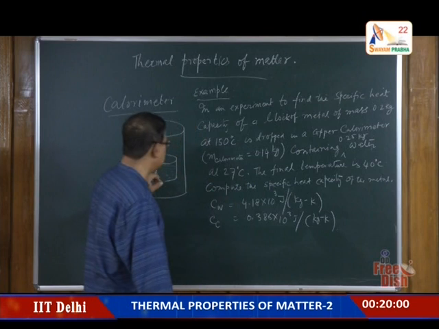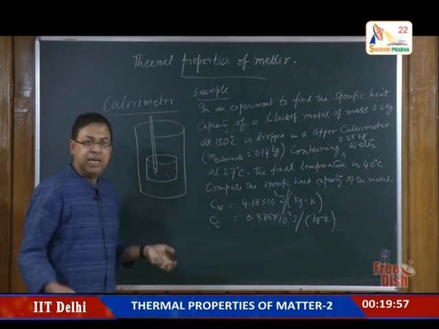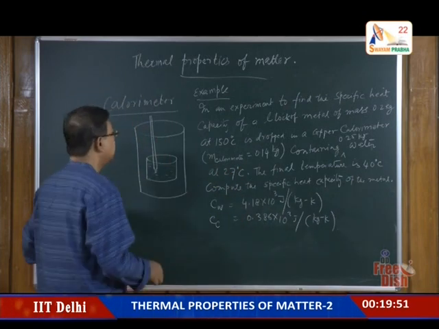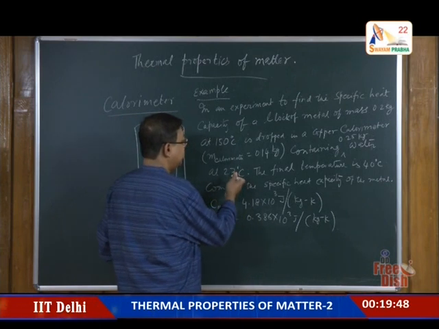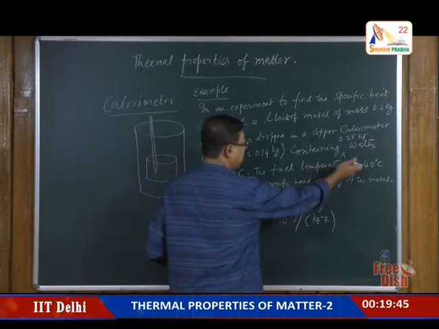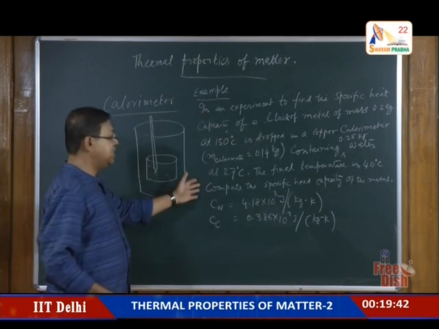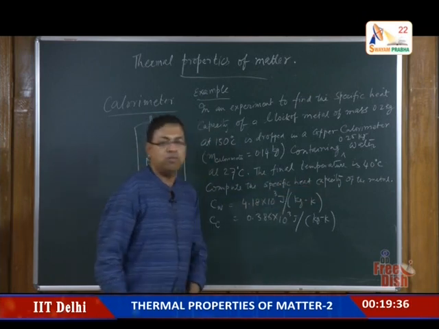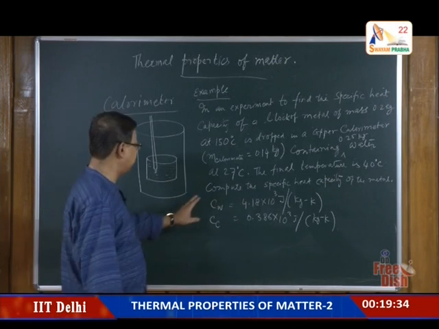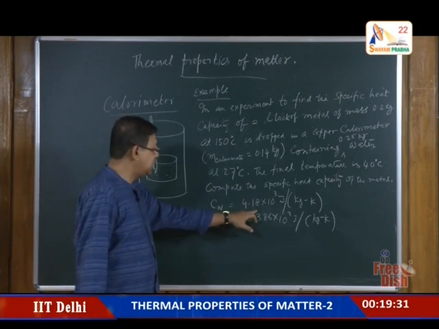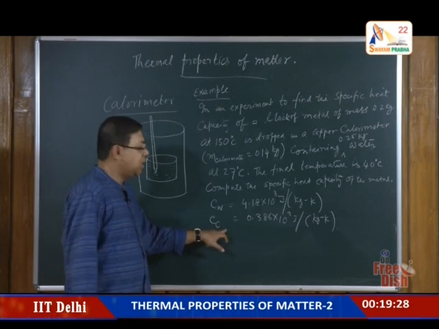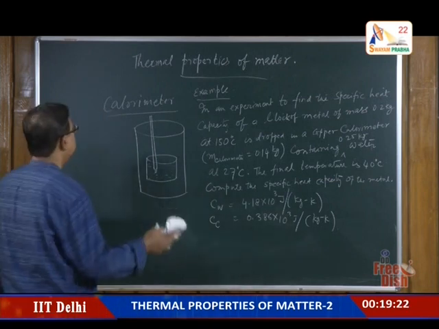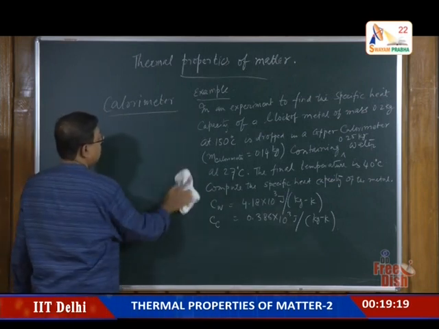After thermal equilibrium is achieved, heat will flow from the hot block of metal to the cold water, and the final temperature is 40 degrees centigrade. Using these data, one has to compute the specific heat capacity of the metal, and the specific heat capacities of water and the copper calorimeter are given. Okay, I will remove this for now in order to do the problem.